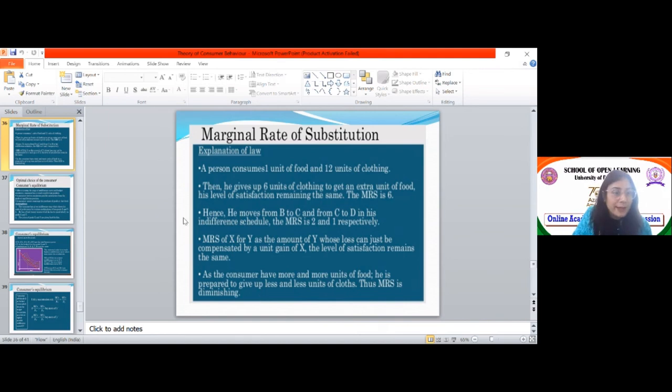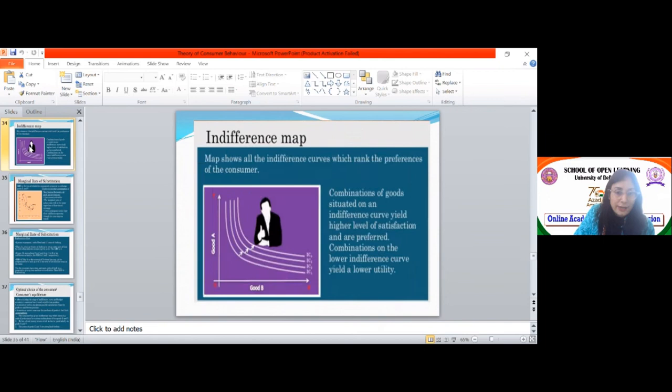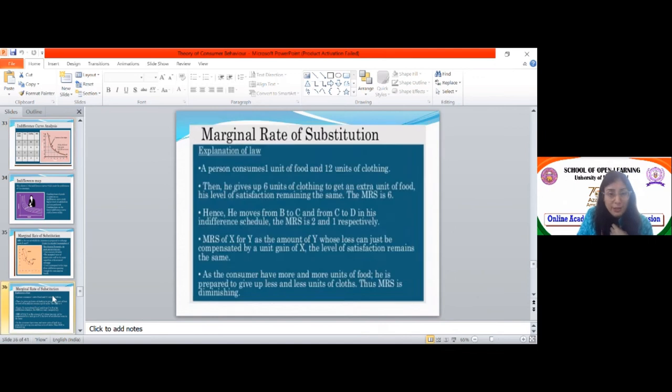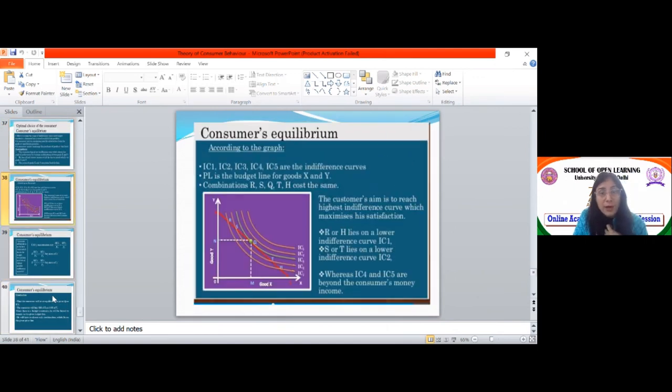At combination A, he is choosing 1 food and 12 clothing, and at B he is choosing 2 food and 6 clothing. So now he is giving up clothing and it is diminishing. That is the marginal rate of substitution. So he is indifferent between A, B, C, D, but his MRS from A to B to C to D is diminishing.